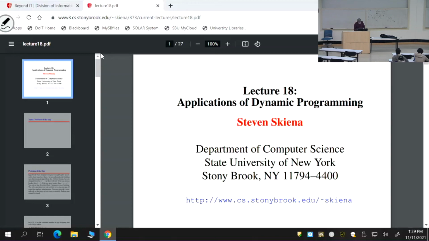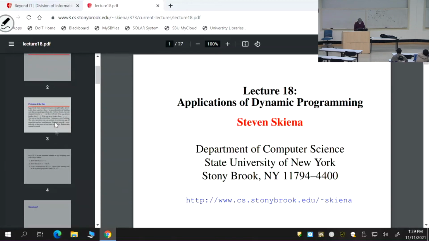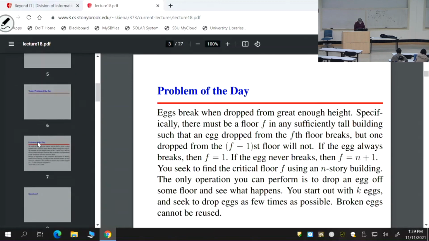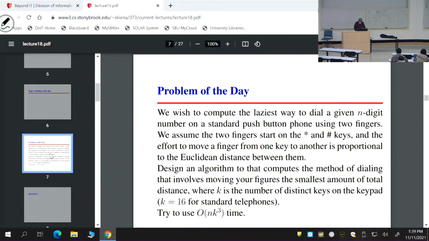Okay, the daily problem. The problem of the day is not the one that is on the screen, but it's a little bit close to it, I believe. Let me read the one that's on the screen, from 1032 is what I remember.